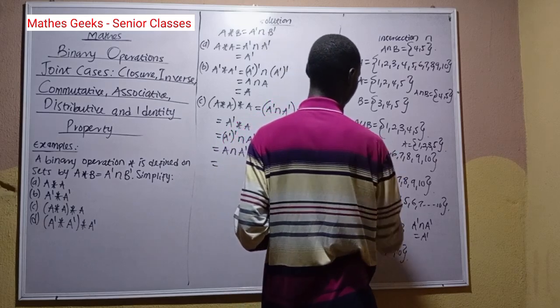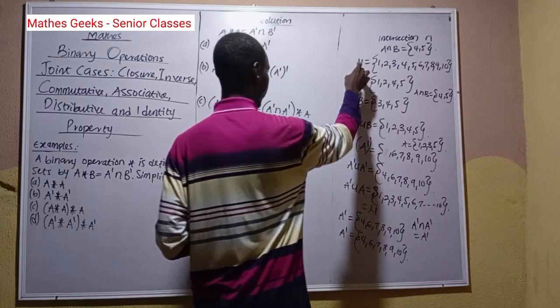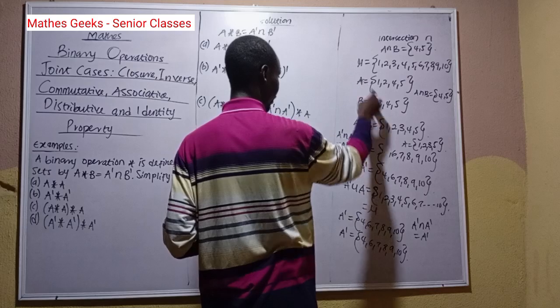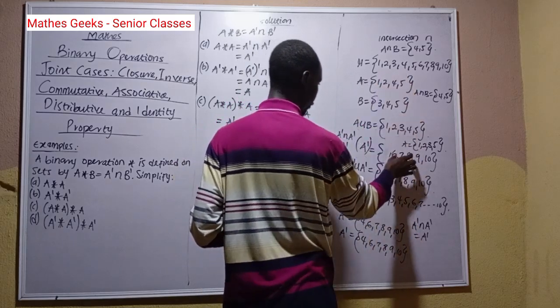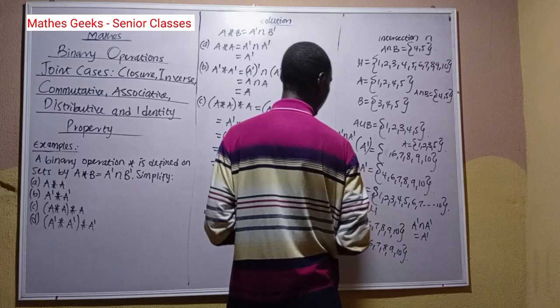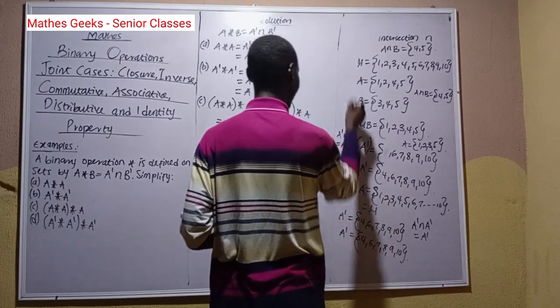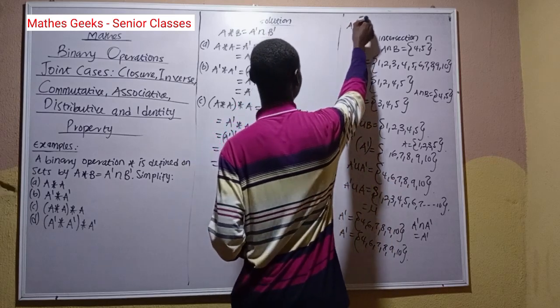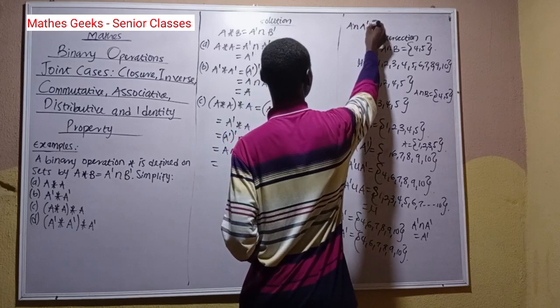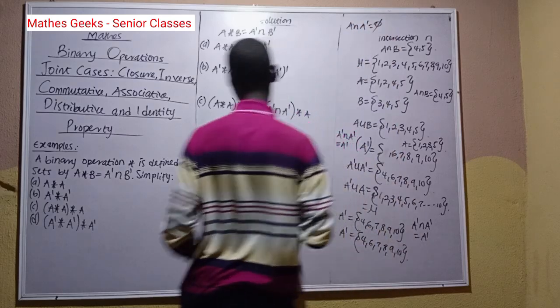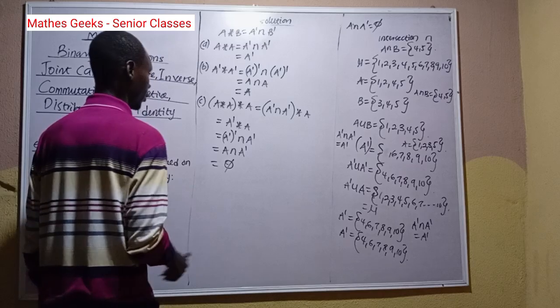So there is no element in A that you can also find in A complement. You're going to have an empty set: A intersection A complement is disjoint. So this is also disjoint.